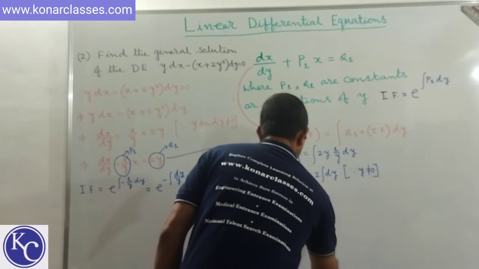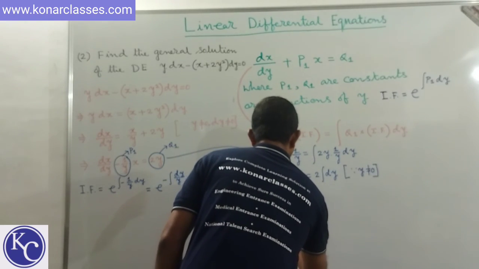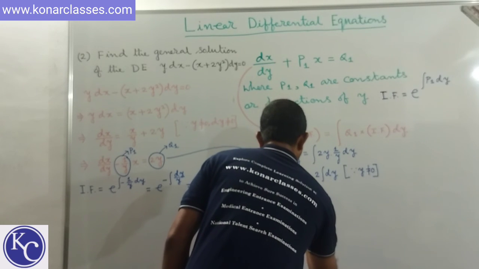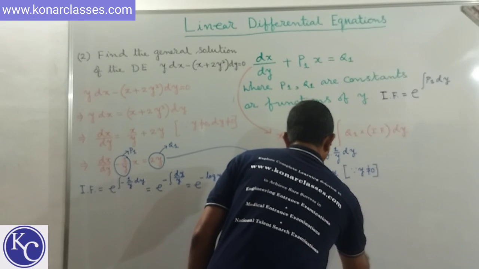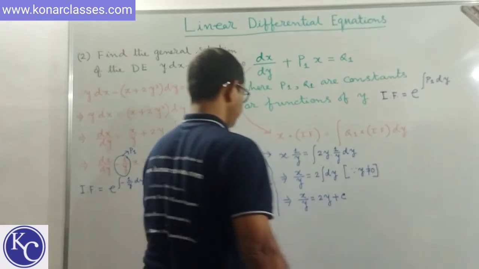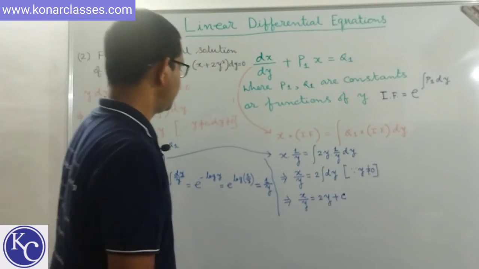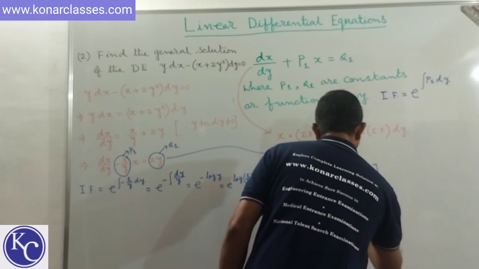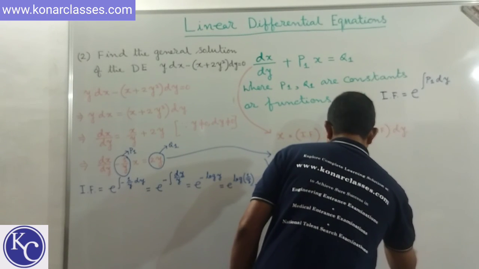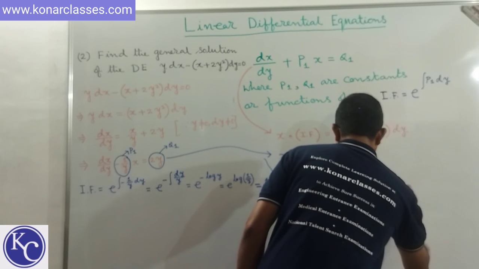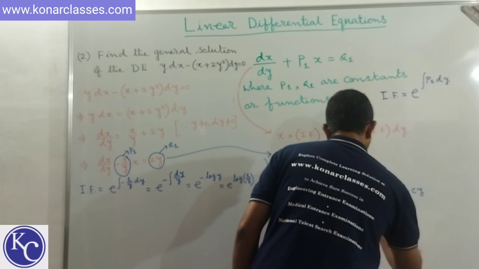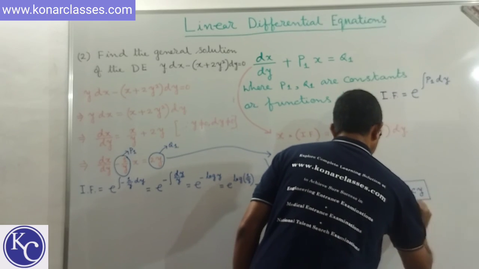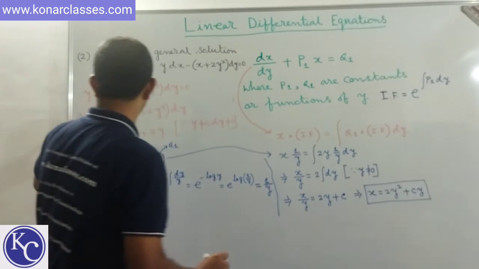So from here, dear students, x by y is equal to 2y plus an integrating constant c, correct? So this implies x is equal to 2y square plus cy, and this is the solution to the given linear differential equation.